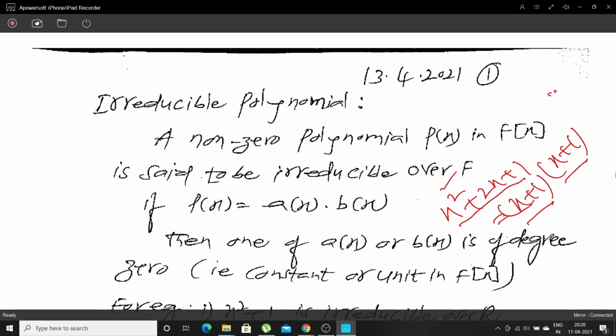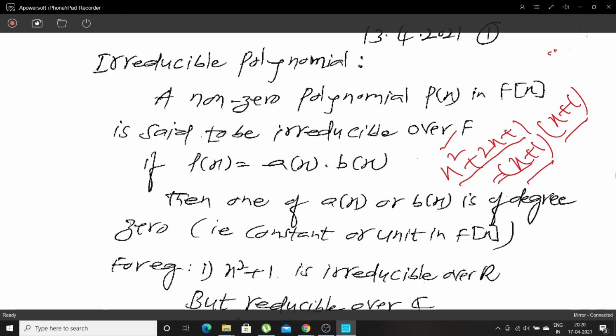Now we have to study irreducible polynomial. The definition is like this. A non-zero polynomial p of x in the set of polynomial rings, the set of polynomial rings meaning it will satisfy all the laws of rings, is said to be irreducible if whenever you write p of x as a of x into b of x, the condition is that either a of x or b of x is of degree 0.